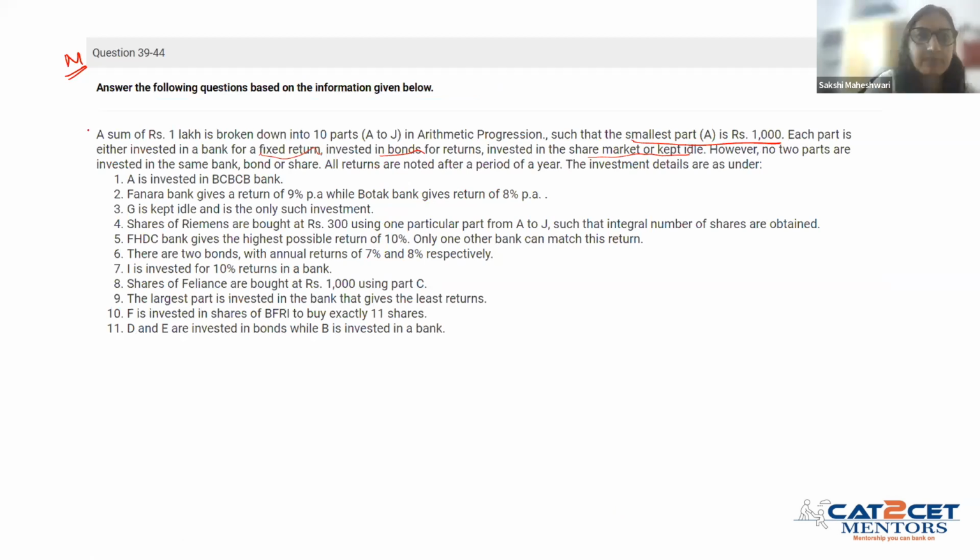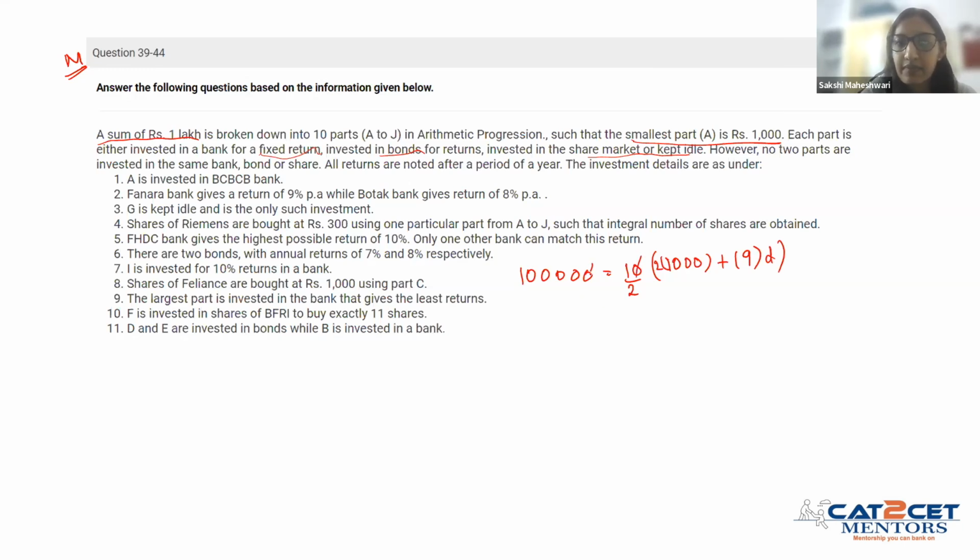So the sum of 1 lakh is broken down into 10 parts in arithmetic progression. Now the smallest part is 1000. So see, the sum is 1 lakh and the number of parts is 10. So 10 by 2 into 2 times smallest part plus n minus 1, that is 9 into d, the common difference.